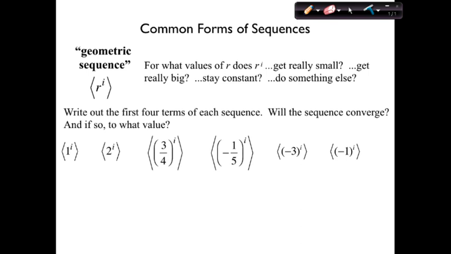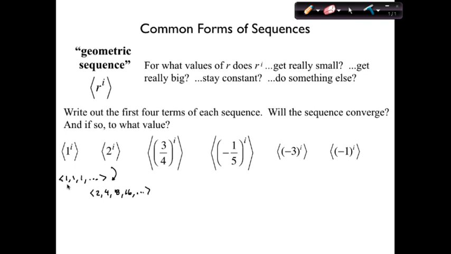This first sequence is, what's this first sequence? 1, 1, 1. Okay, what about this one? 2, 4, 8, 16. Okay, this first one. Convergent or not?